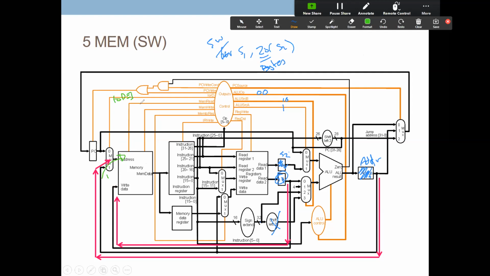Whether we should set memory read to one or memory write to one? Which one? You're storing values in the memory. Which one is one, memory read or write? Right. Yeah, so we're writing to the memory. So 1 0. Okay, we write 1 and we read 0. Is there anything left?